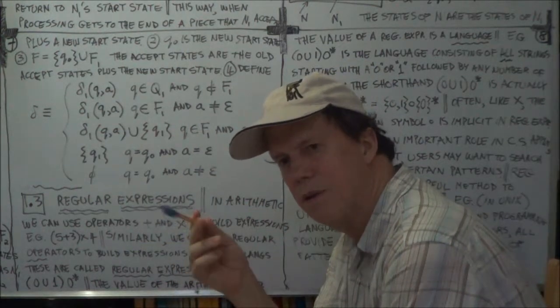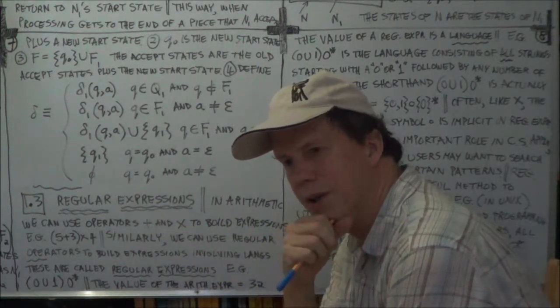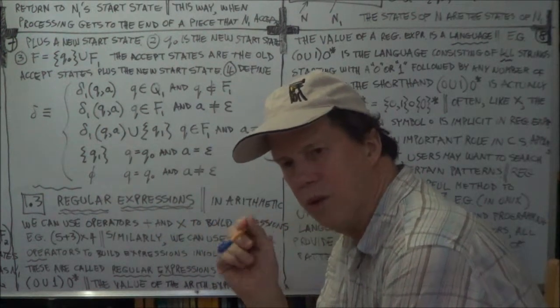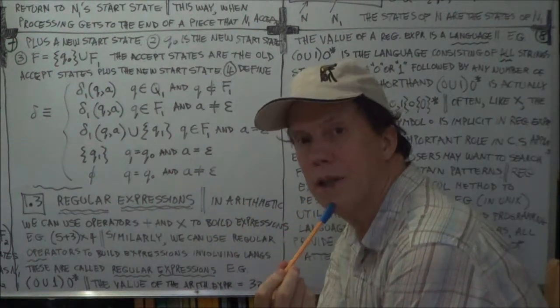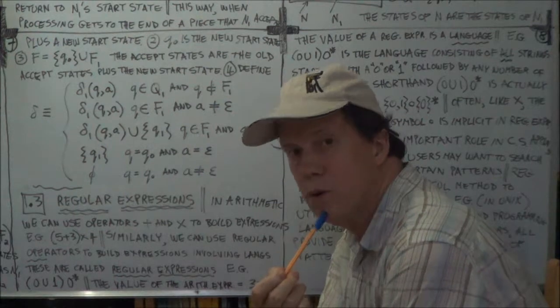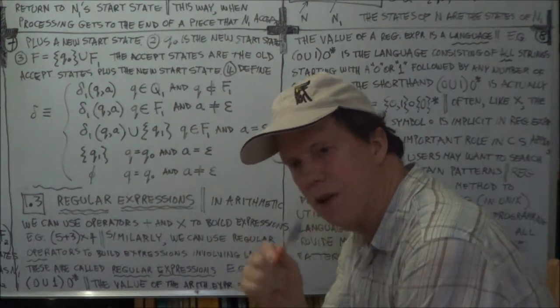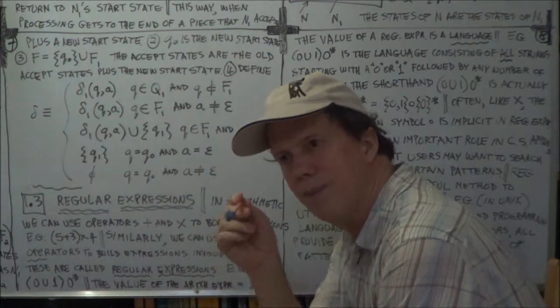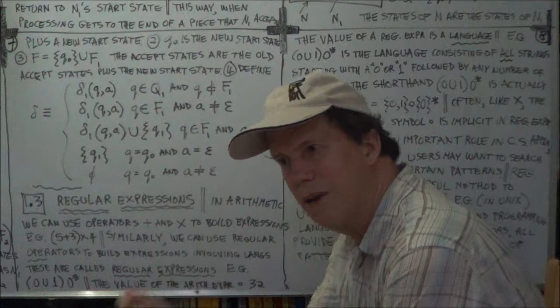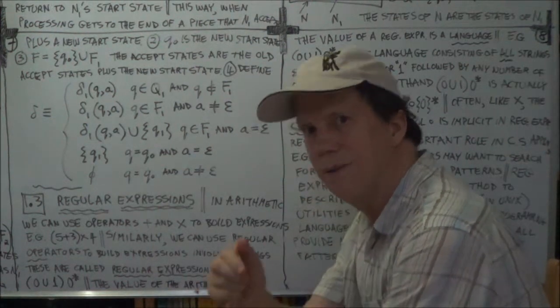And you put it there to avoid unwanted side effects that would arise if you made your starting state of N1 also an accept state. I haven't gone into details why, but if you do that, you get all these unwanted negative side effects. You get strings accepted that you don't want.